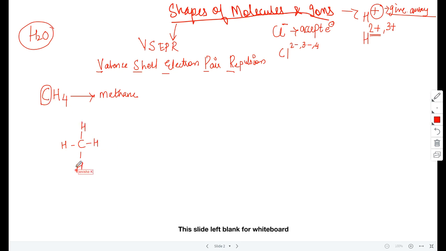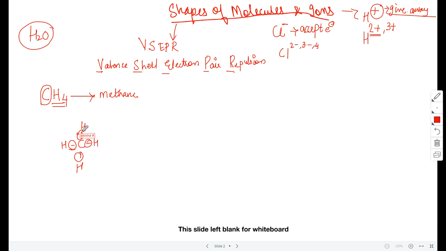So here we have attached all the hydrogen atoms to all the 4 sides, right? And hydrogen has only one plus sign, right? That means it shares only one electron, so only one atom could join it. So all the hydrogen atoms have attached to the single carbon atom.